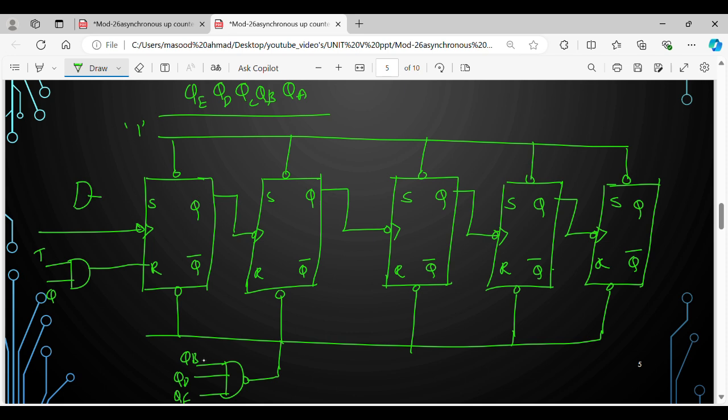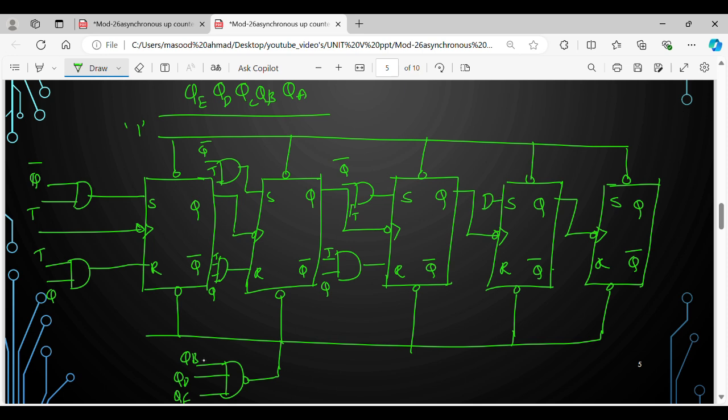So take an AND gate where one input is T and the other input is Q bar for S, and T and Q for R. For everything, I need to put one AND gate, with inputs Q bar and T, and Q and T.